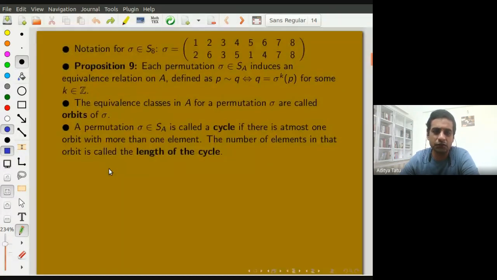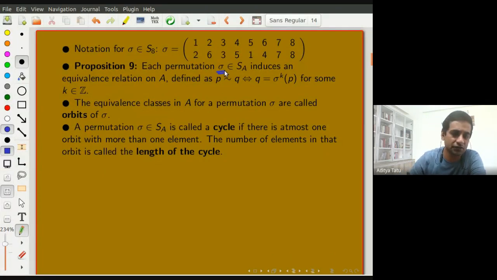Okay, so proposition 9. It says that each permutation sigma induces an equivalence relation on the set on which you are performing permutations.